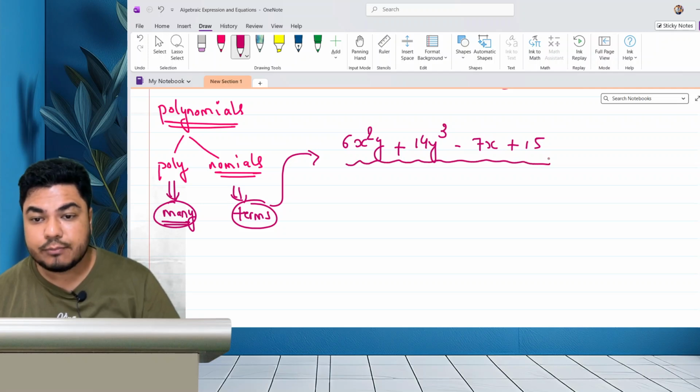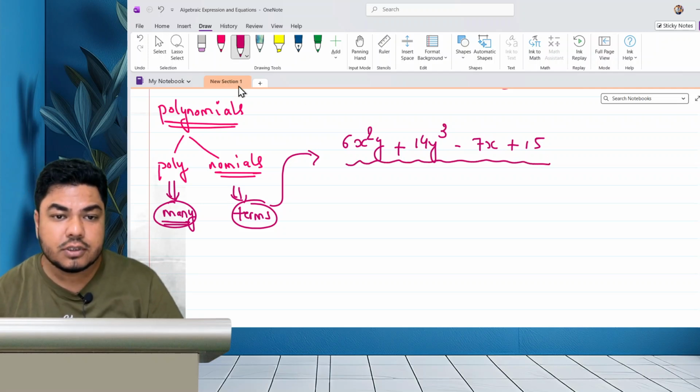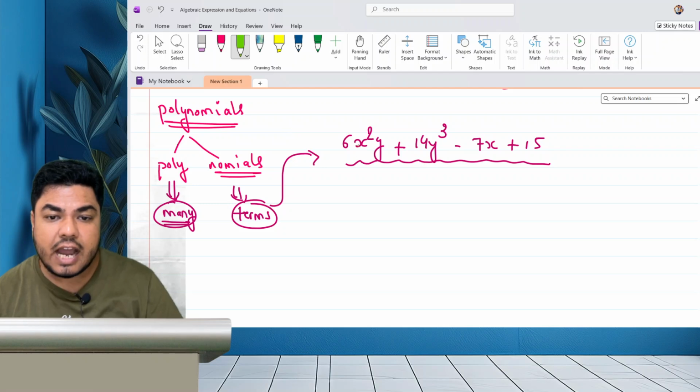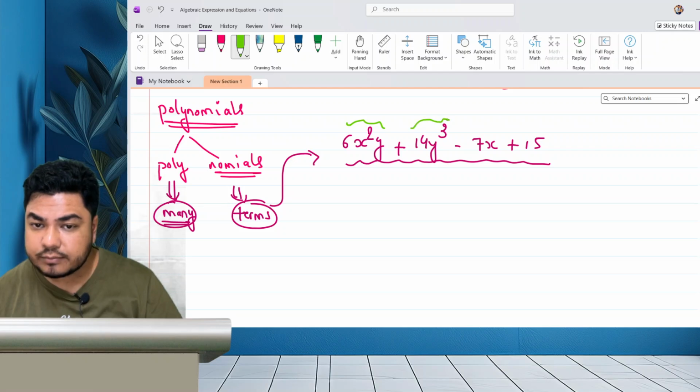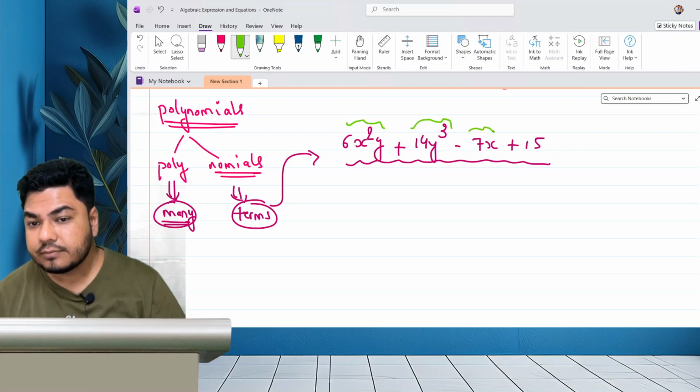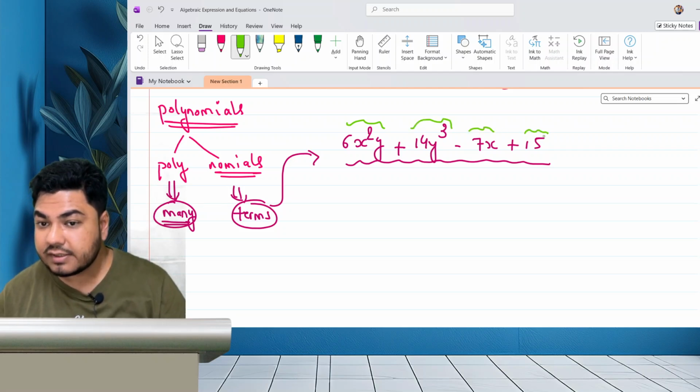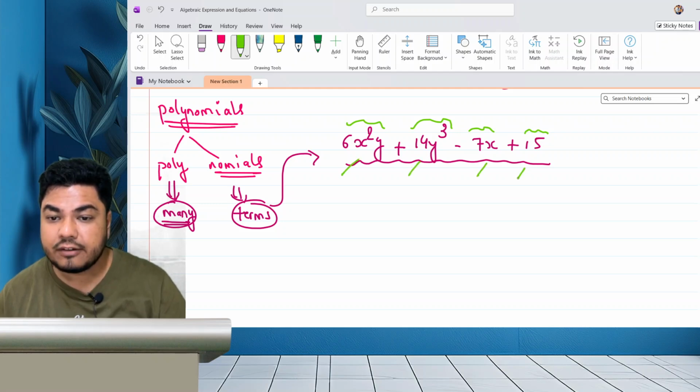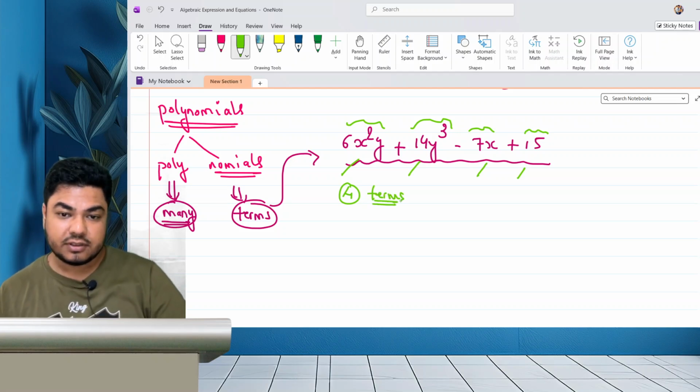I have written this simple expression in front of you, and we are going to understand how many terms this expression contains. So this is one term, this is another term, this is one more term, and this is the last term. So basically 1, 2, 3, and 4. So there are 4 terms in this given expression. Okay.